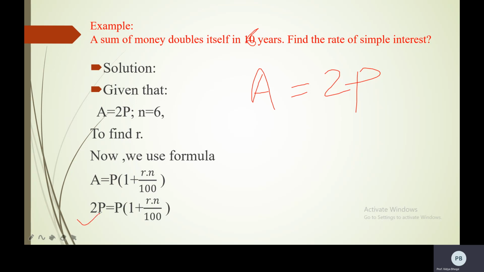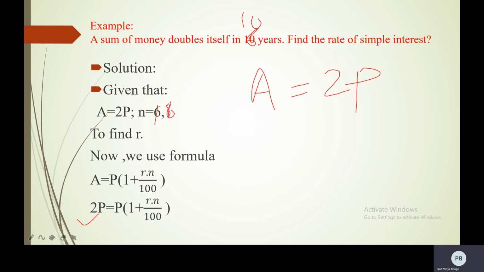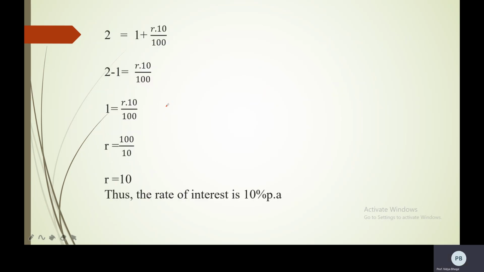The sum of money doubles itself, so 2P is equal to P in bracket 1 plus R into 10 divided by 100. We get 2 minus 1 is equal to R into 10 divided by 100, so 1 is equal to R upon 10.